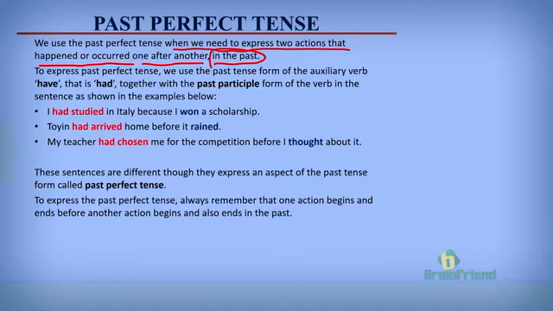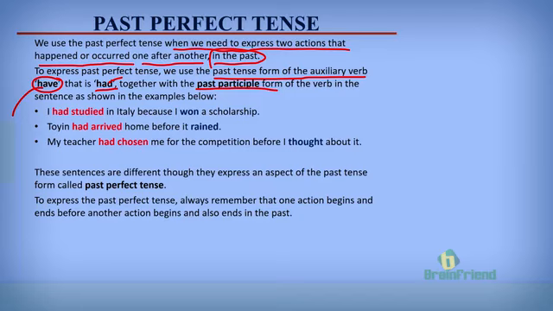For the past perfect tense, we use the past tense form of the auxiliary verb have. And the past tense form of this verb have is had. So we use had together with the past participle form of the verb in the sentence, as shown in the examples below. Now look at these sentences.